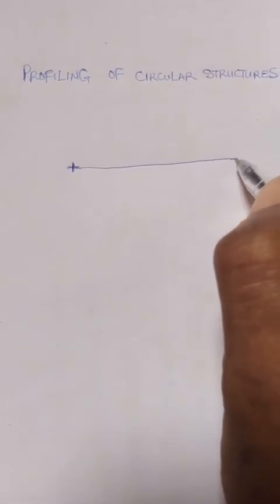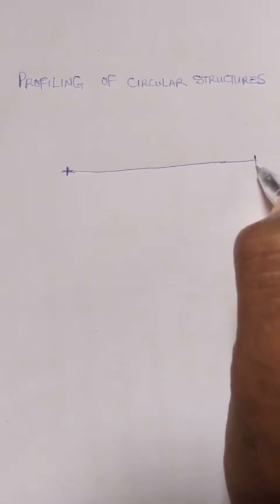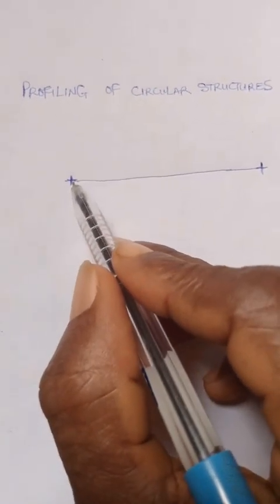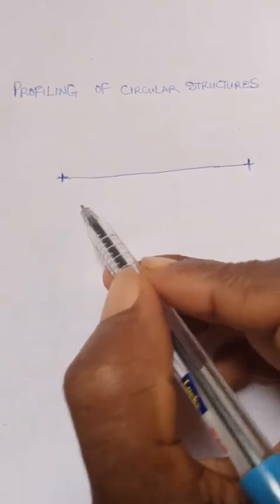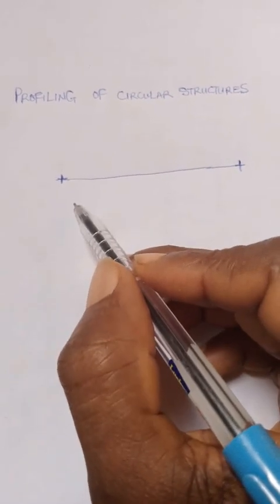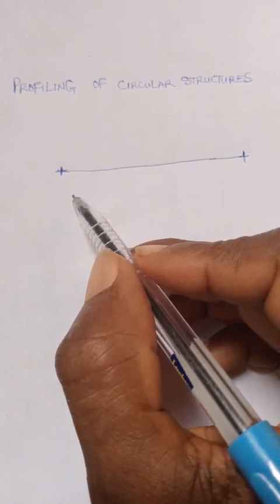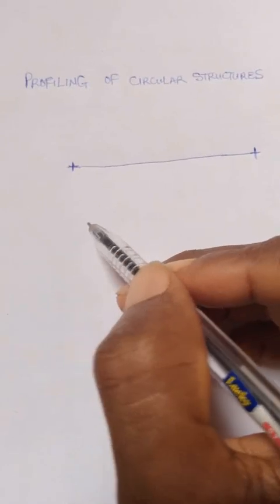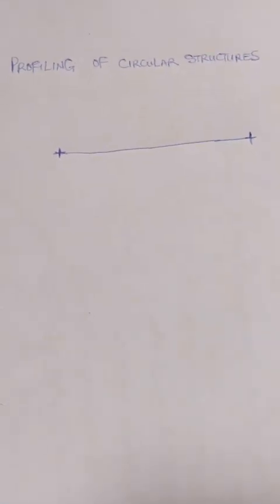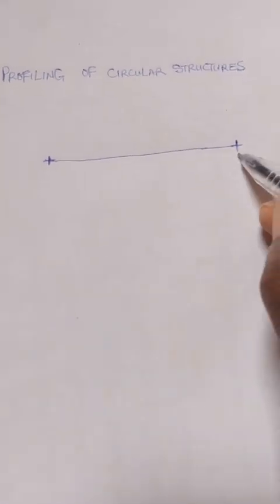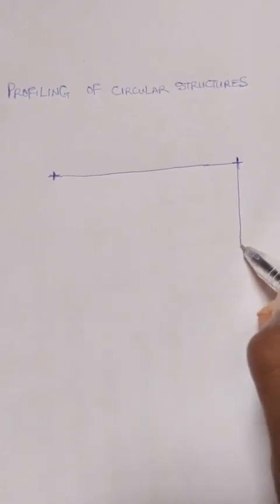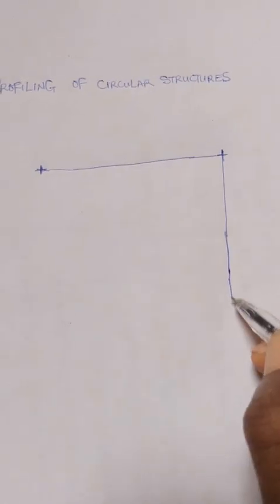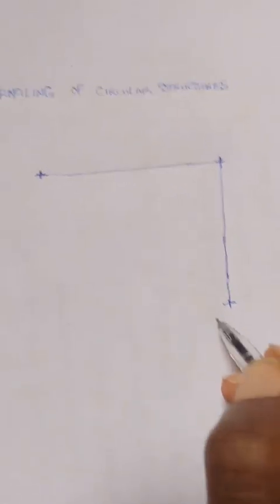So you can adopt a square-shaped perimeter, a square-shaped profile. Since we are looking at a circular structure, it can also be a rectangular shape. So once you have established this point, you also get this point, and this point as well.